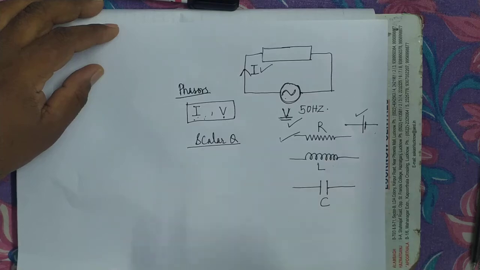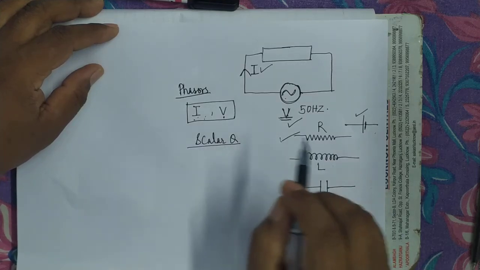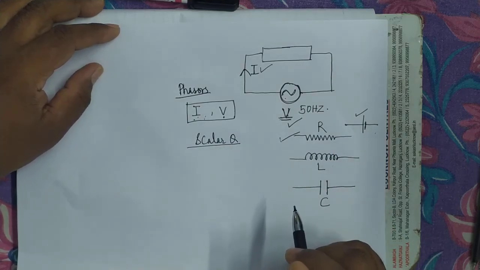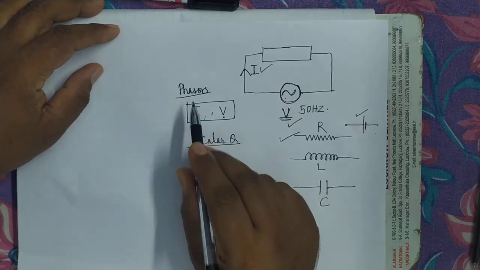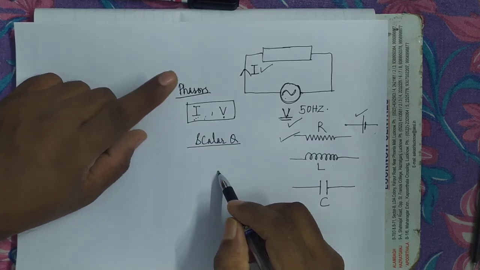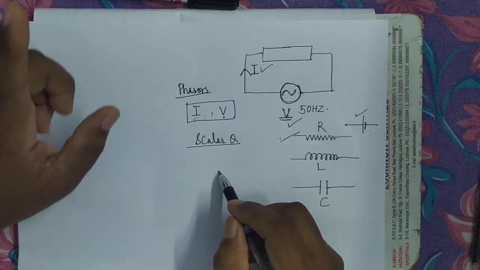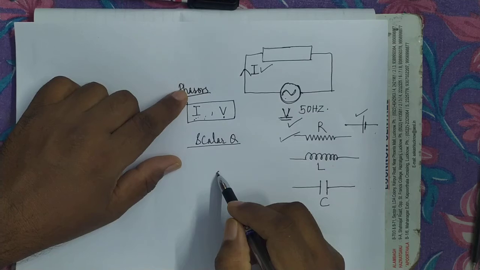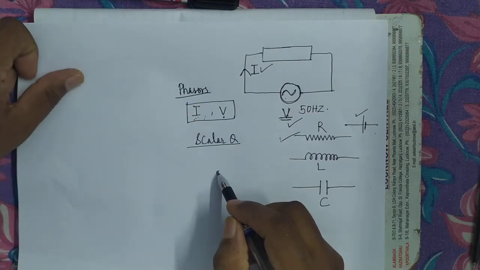And how will you draw these phasors? These phasors will be represented by a straight line whose length will be proportional to their magnitude. These phasors we can represent geometrically with the help of a straight line whose length will be proportional to their magnitude.